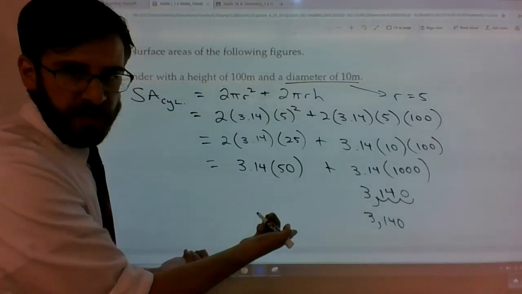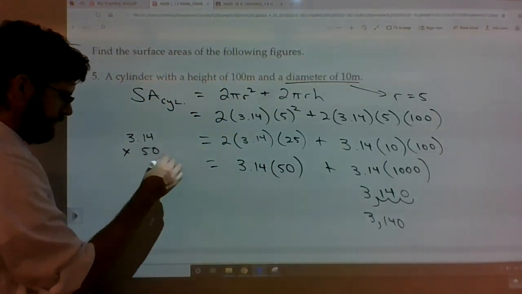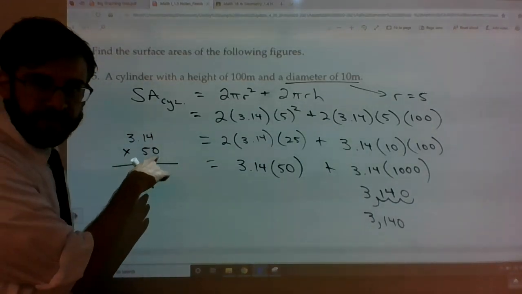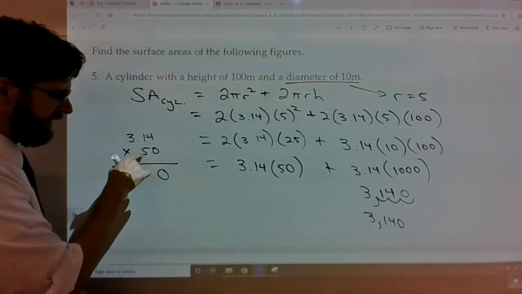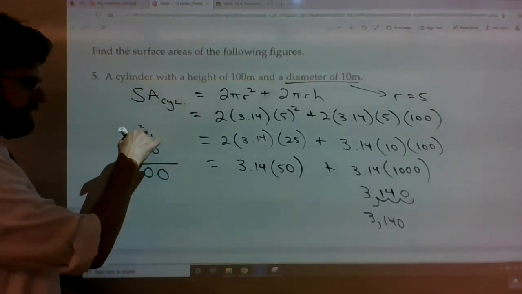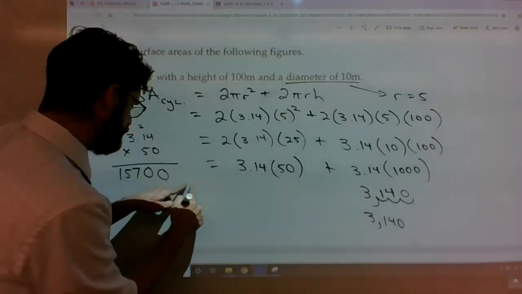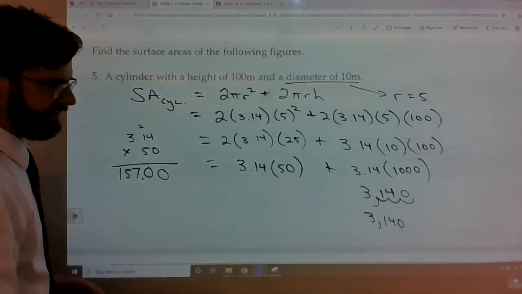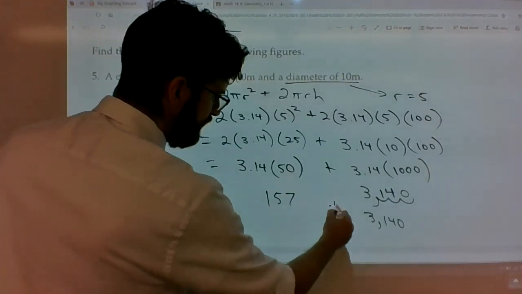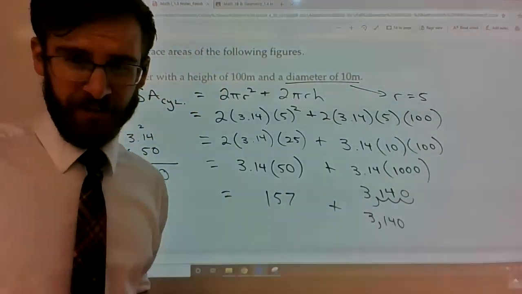For 3.14 times 50, I can just drop that 0 right away and start multiplying. 5 times 4 is 20, 7, and 15. 2 digits out, 2 digits in, 157. So we're talking 157 plus 3,140. You can just stack those two.